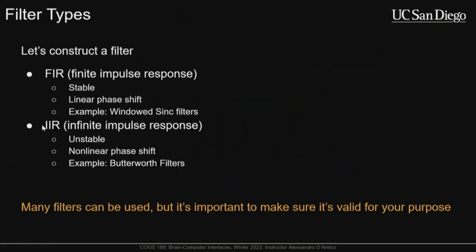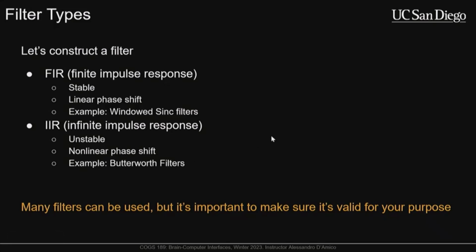Okay, so I know I said that there are some types of filters, the low pass and high pass and stuff. There's another set of types of filters. In this case, we have FIR, or finite impulse response, and IIR, infinite impulse response. You could very legitimately take entire years where you focus on just a single one of these types of filters, and we really don't have the time for that.